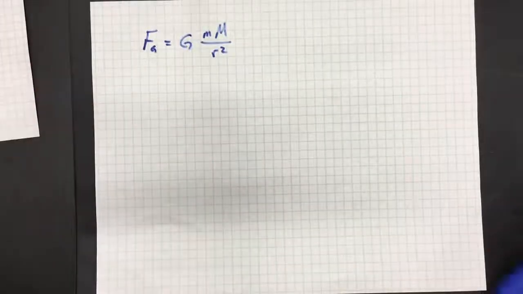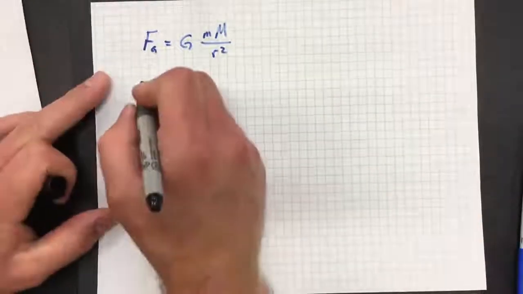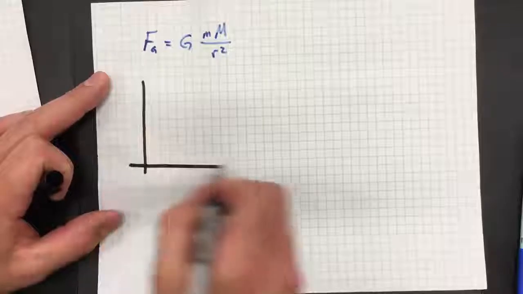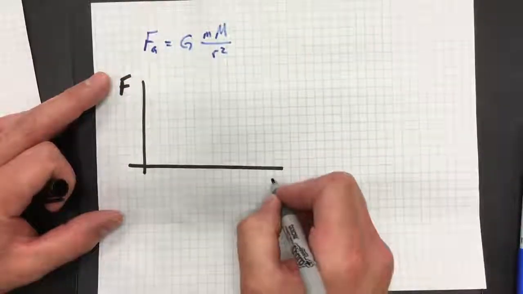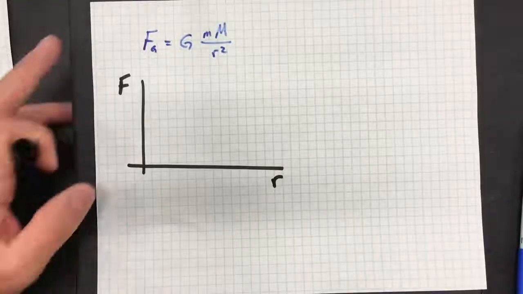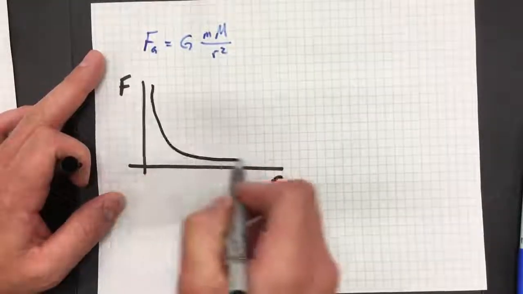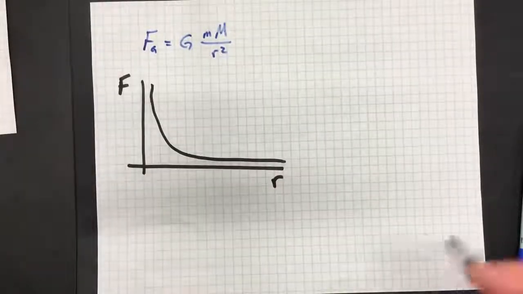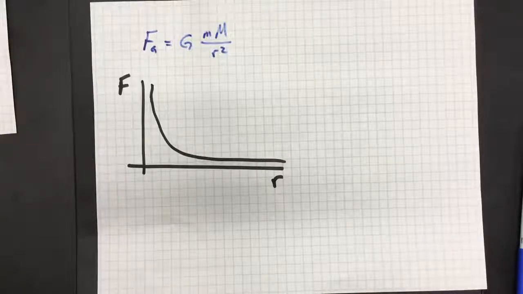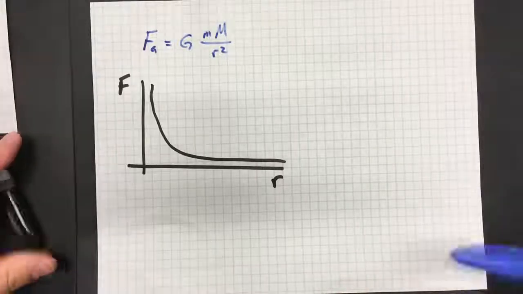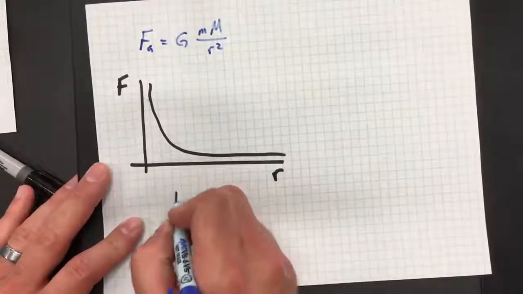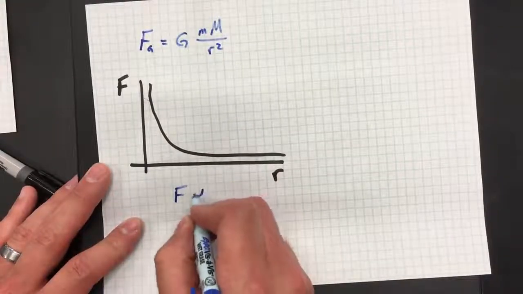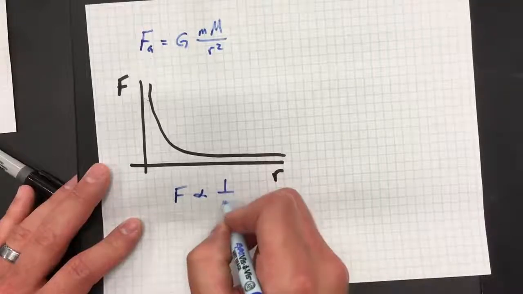So if we made a graph, or took data, plotted that data, so that we put the force and distance, what we would have is that type of relationship. So knowing the relationship, we can see that the force is proportional to 1 over r.